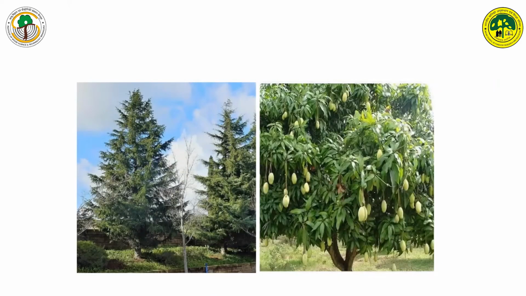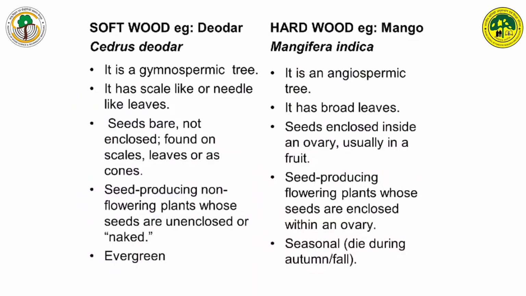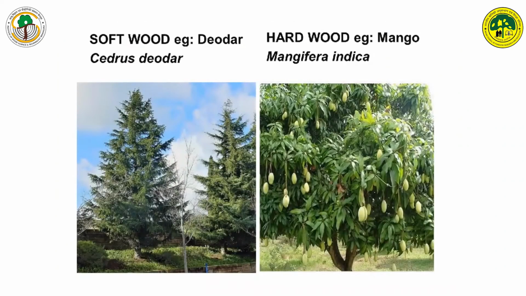Okay, now we know that we can see two types of trees. One is having needle-shaped leaves, and the second one is with fruits and flowers. By identifying the morphological characters, one can easily identify what wood it is. In the first picture, it is the devdar or the coniferous trees.